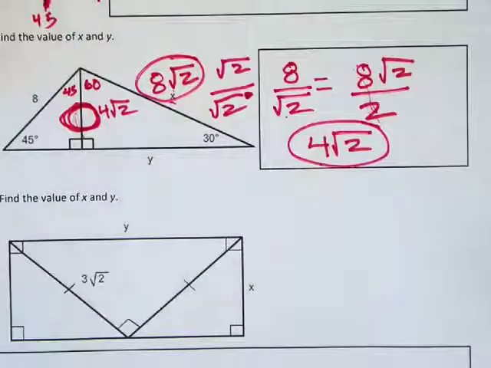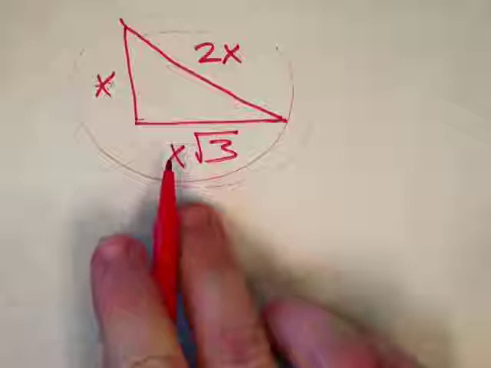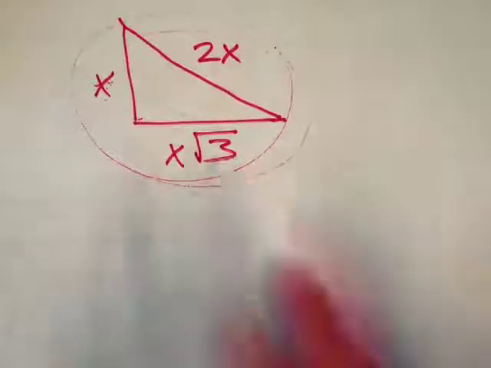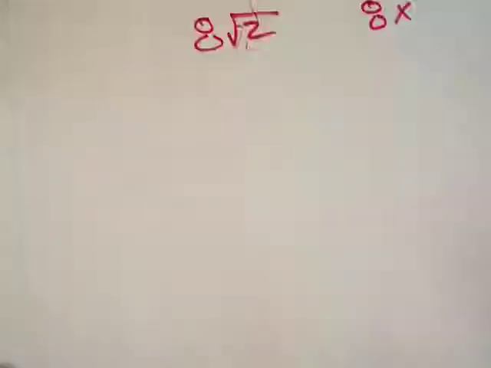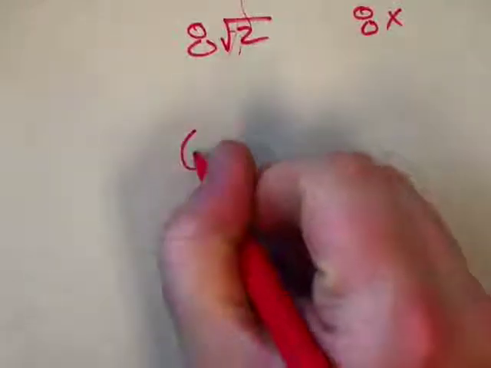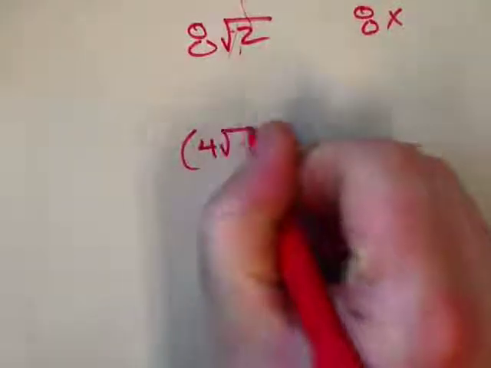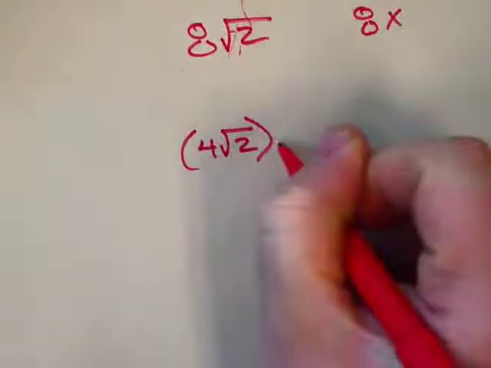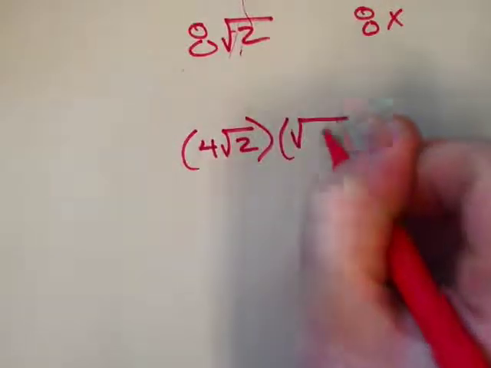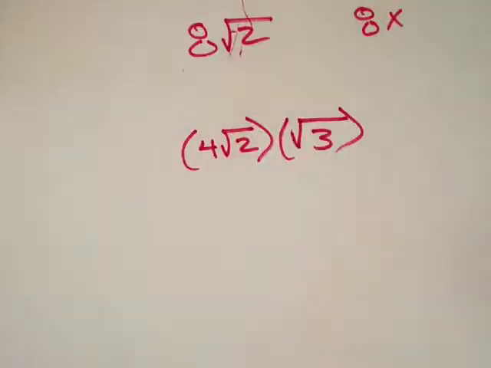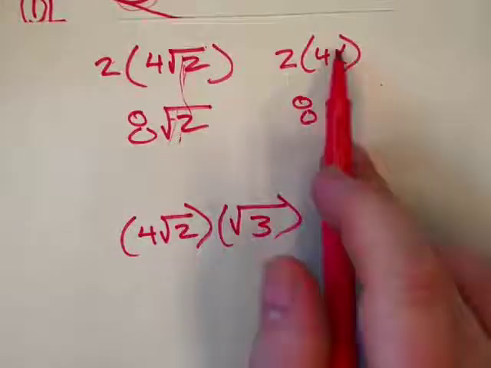So there's x. Okay. Now, how do we find y? Once again, we have x times the square root of 3. Great. What is x? x is 4 square root of 2 times the square root of 3. And like I said, you treat it just like a variable.